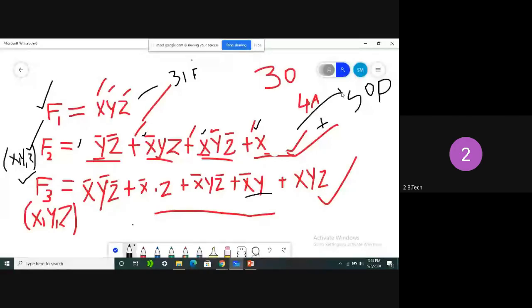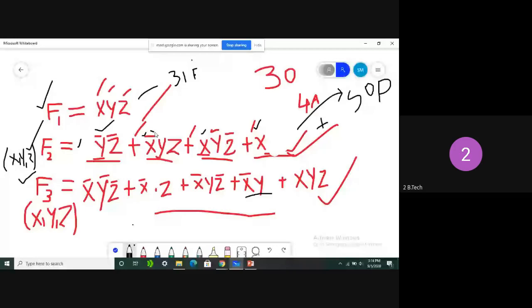Y, Z. In the second term X, Y, Z. In the third term X, Y, Z literals are there. Don't bother about whether a literal is complemented or not. We just see whether a product occurs or not, whether it is the complement of Y or the normal way. No problem.